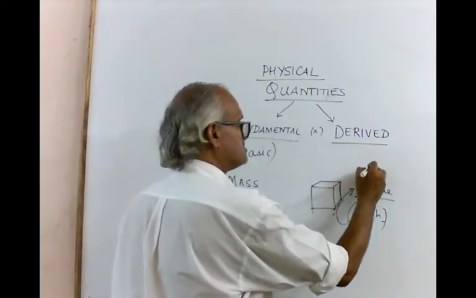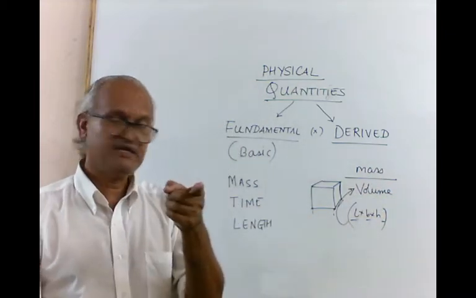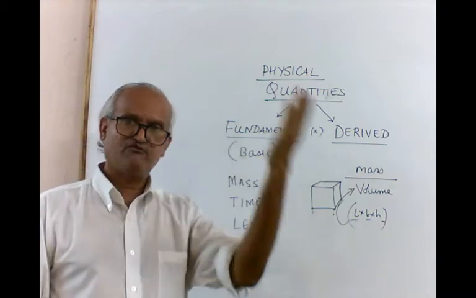अब mass upon volume अगर हमने कर दिया तो we get density, which is again one more derived quantity.